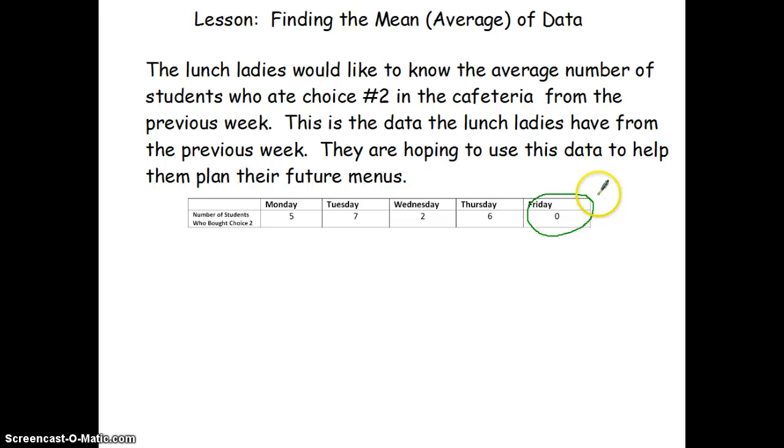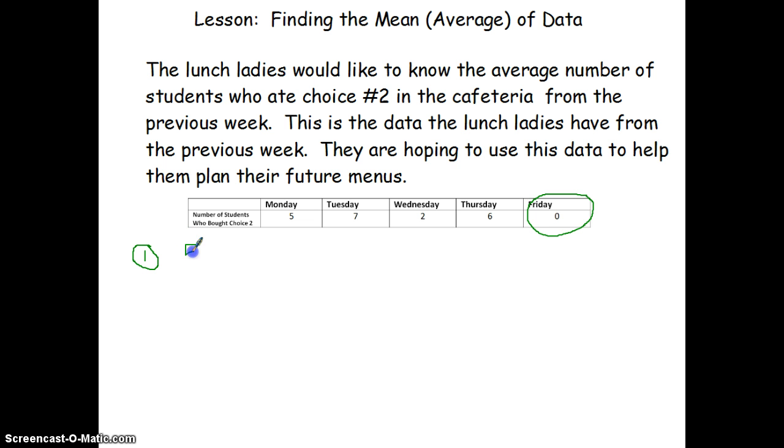Okay, so here's the process for finding the average. The first thing that you want to do, step 1, and we're going to be referring to these steps throughout, is take every single piece of data that I have here and put them together to find the sum.